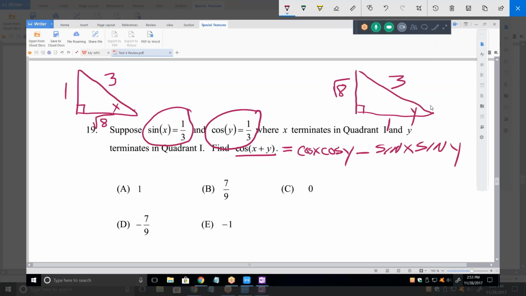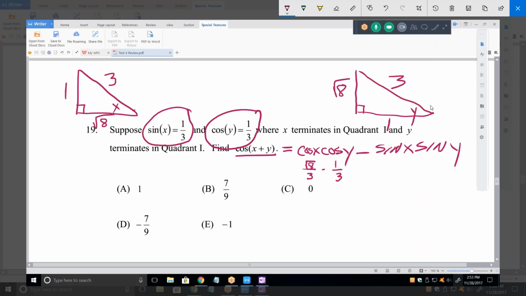Okay, now we can figure out all 4 of these numbers. Tell me what the cosine of x is. Cosine of x would be square root of 8 over 3. Cosine of y is 1 over 3.